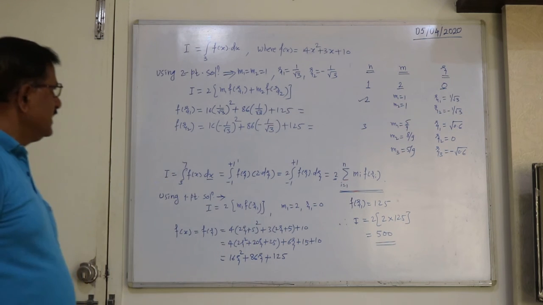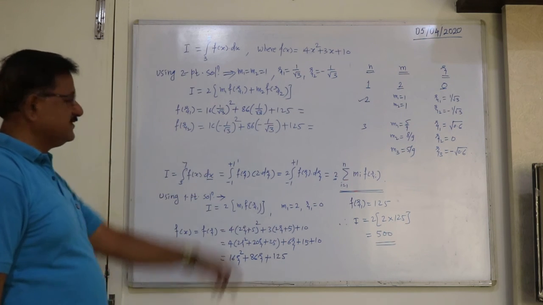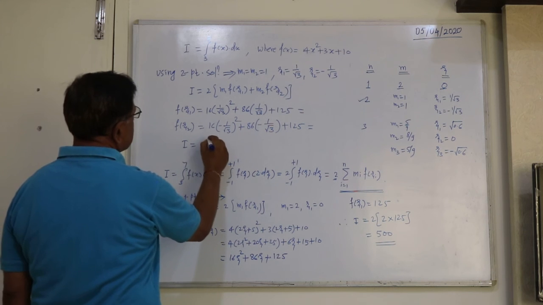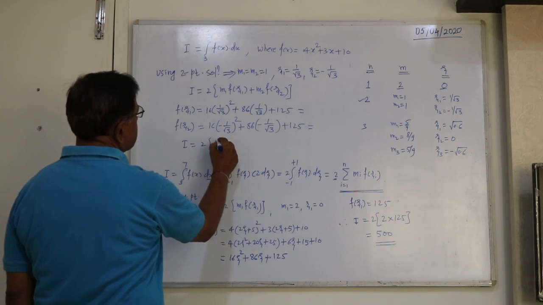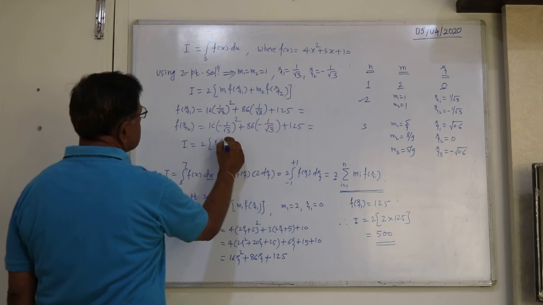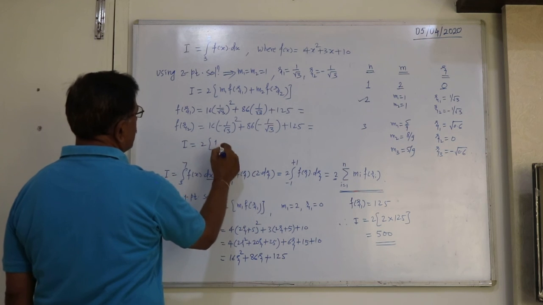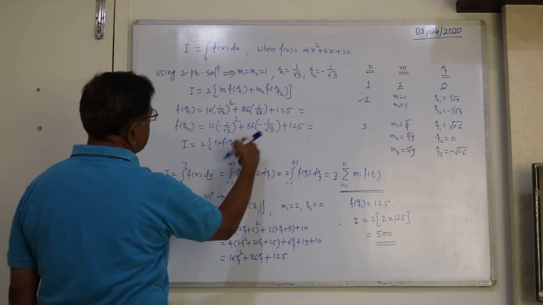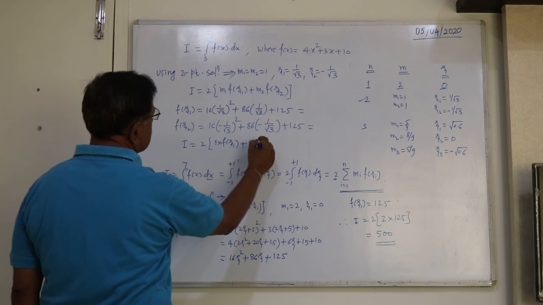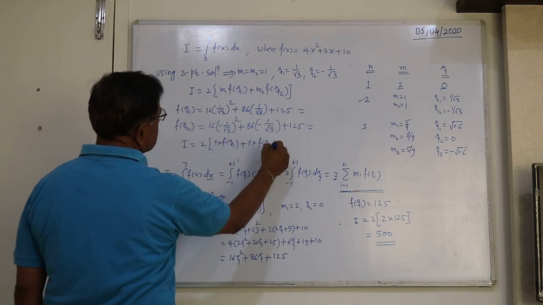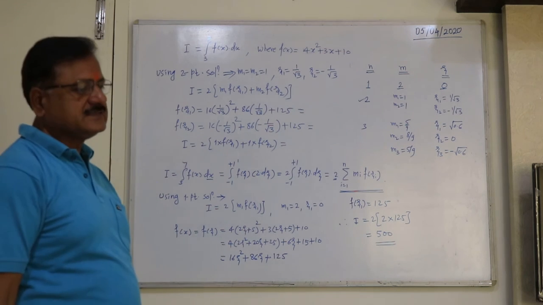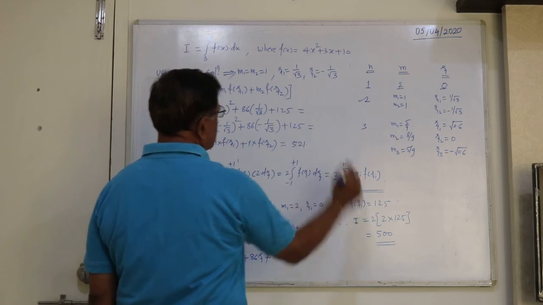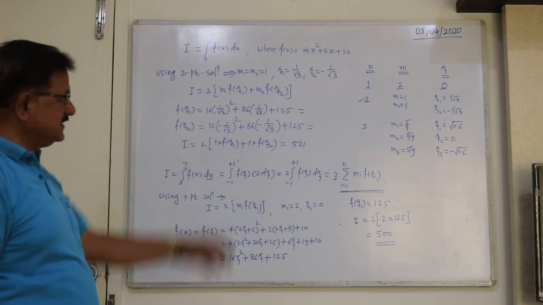Once we calculate f of xi1 and f of xi2, I equals 2 into bracket 1 into f of xi1 plus 1 into f of xi2. This answer is somewhat 521 point something, which you can work out.